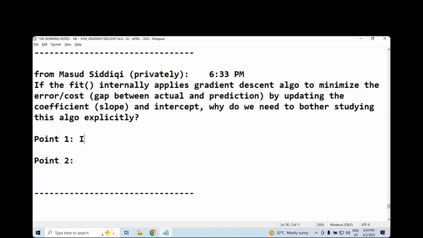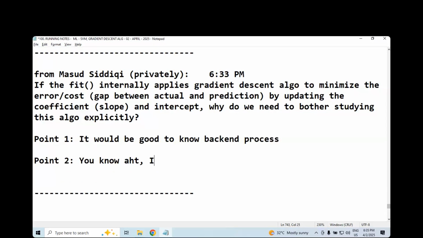It would be good to know the backend process, how it is happening in the backend. The next point: in deep learning, we can customize the gradient descent algorithm.